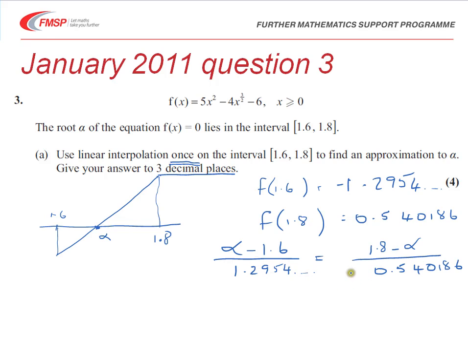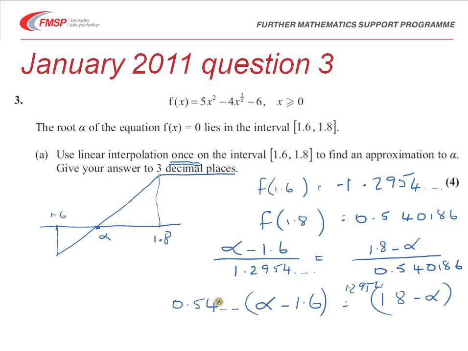Rearranging that equation to get alpha, let me do a little bit of work on it. We need to multiply by the 0.540186, is equal to the 1.8 minus alpha multiplied by the 1.295.